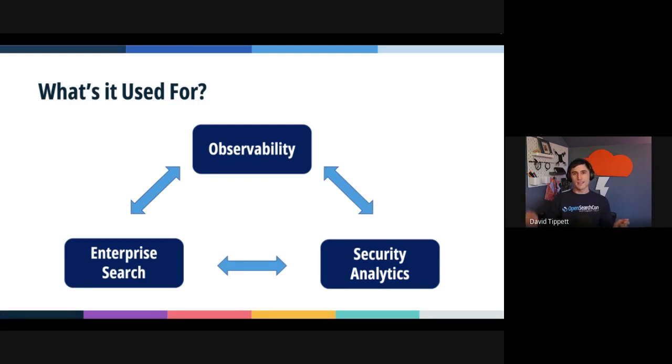All three of these things have one thing in common, and that is they're search problems. You have to find documents that are relevant to you, whether it's the log that contains the error or exception, whether that's the right security event that's going to tell you that someone's on your network, or whether that's a document that says, here's the product, here's how much it costs, and so forth.